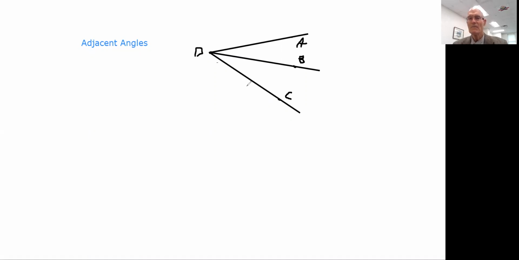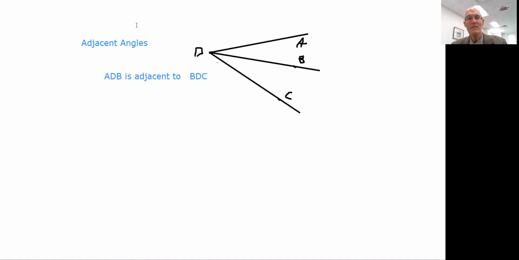So now I can talk about angle ADB, and I can talk about angle ADB is adjacent to angle BDC.